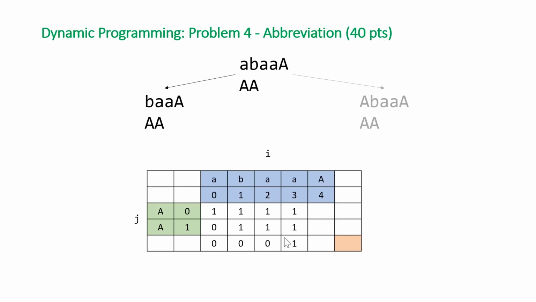We're only actually doing the horizontal setting of the next column to be equal to the left column when j is less than the number of rows. At this point, it's greater than, so we don't do that, but this a does match this a, so we're going to be able to set this to 1, 1, 1 as well.